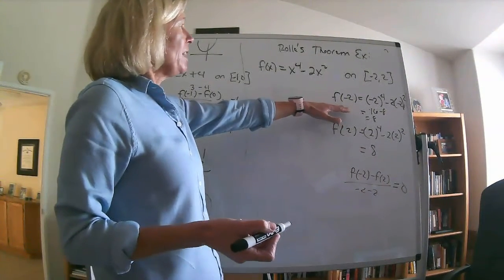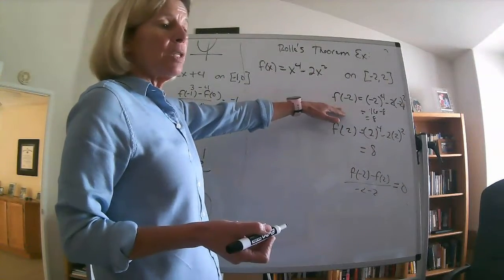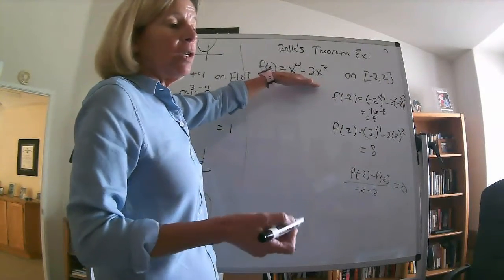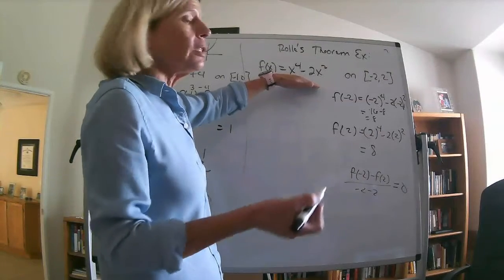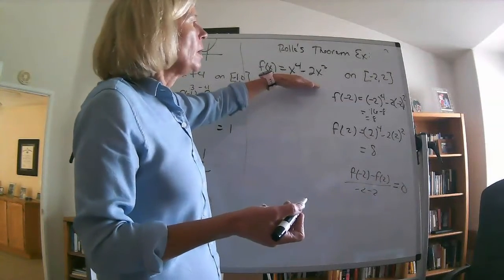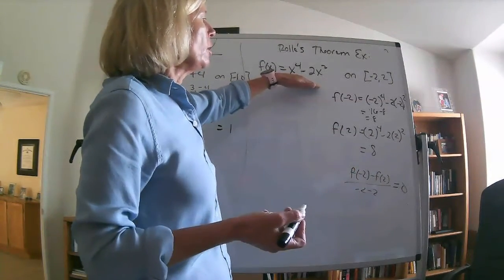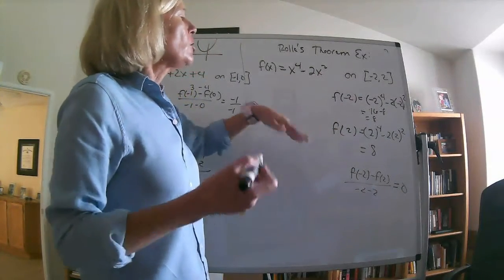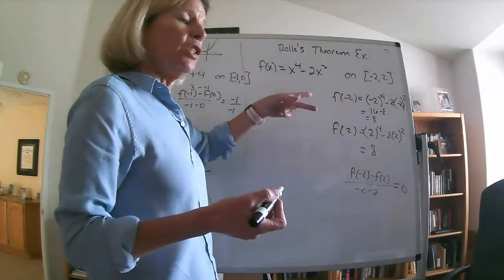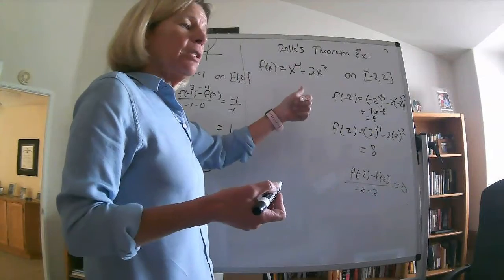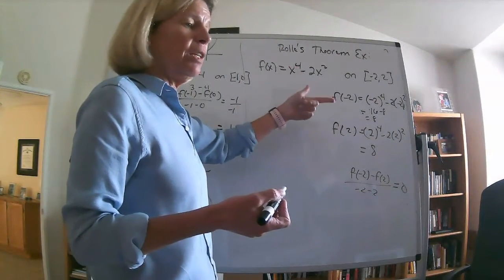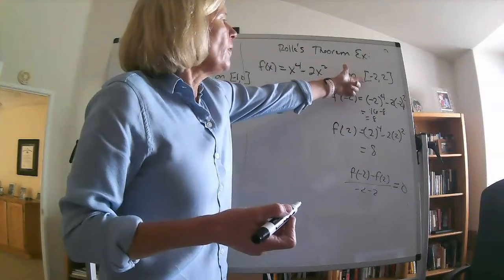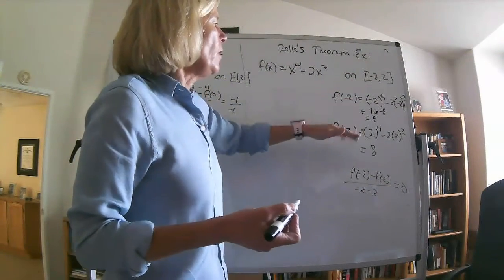If I look at this example for Rolle's theorem, again I've got a polynomial function, so I know the function is continuous and differentiable. It's a 4th degree equation. I'm looking on the interval -2, 2. So the third thing I have to check for Rolle's theorem, after it's continuous and after checking if the function is differentiable, is to see if f of b equals f of a.